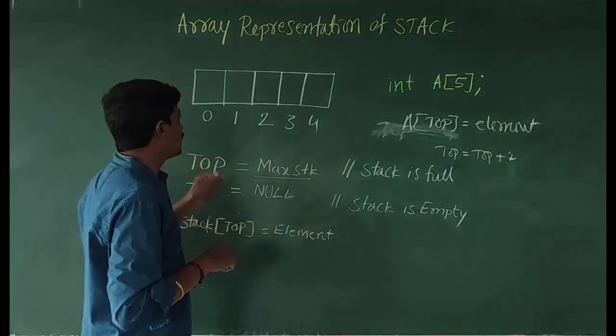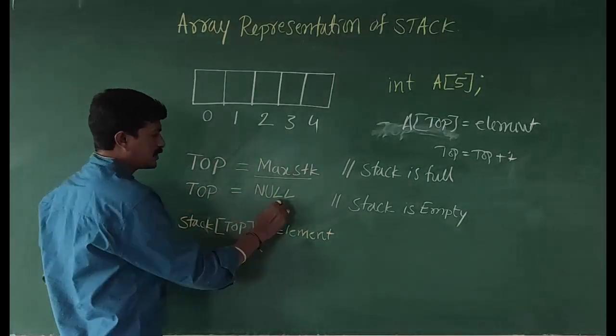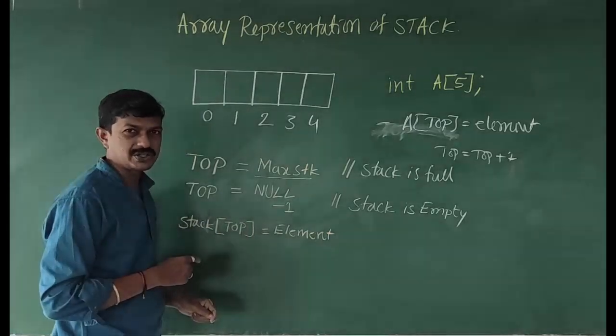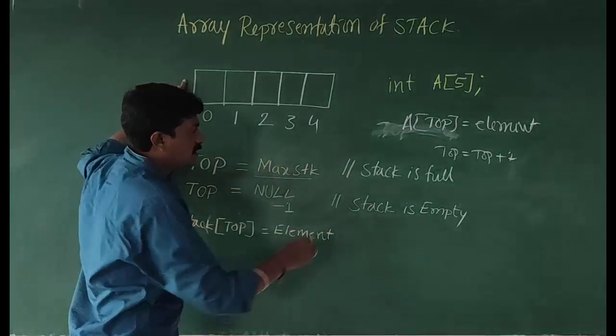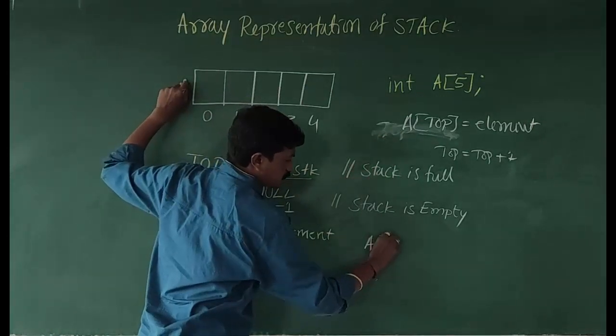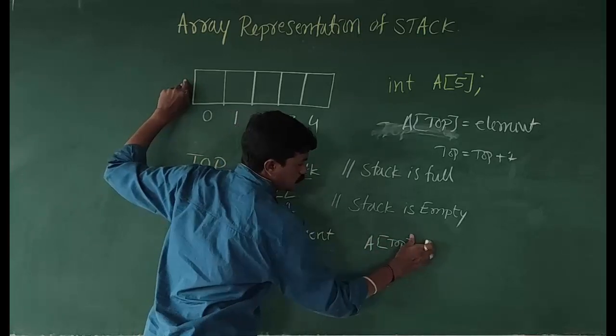Now I want to insert an element into the stack. Initially I said top is pointing to minus 1. Now I want to insert an element into this array, that is A of top equal to element.